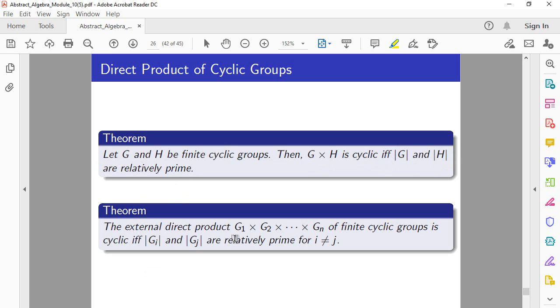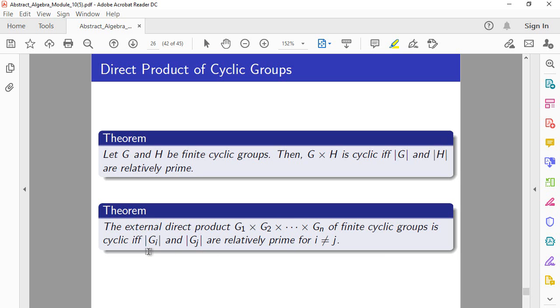The external direct product of, now I have n groups here. So we are taking the external direct product of n finite cyclic groups, and the external direct product is cyclic as well if and only if the orders of these groups are relatively prime pairwise.